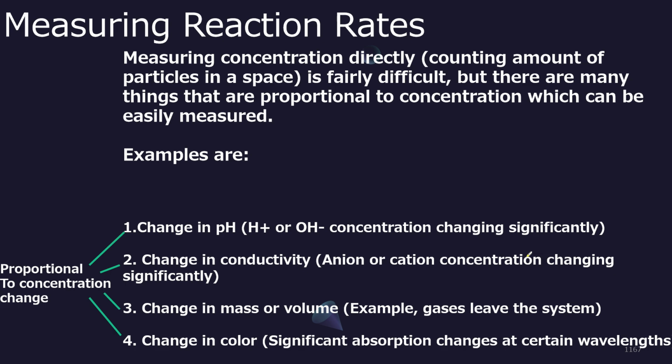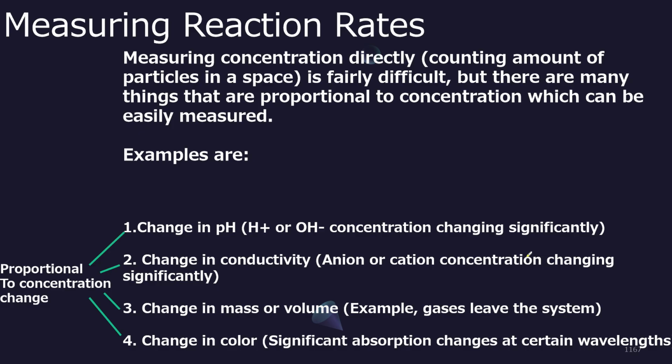You can measure a change in pH. Once you do the acids and bases section of this course, you'll learn that pH is not proportional, but has a logarithmic relationship with H+ or OH- concentration. So if you have a reaction mixture where the acidity is changing, you can use the change in pH.